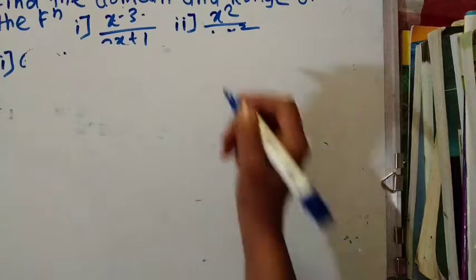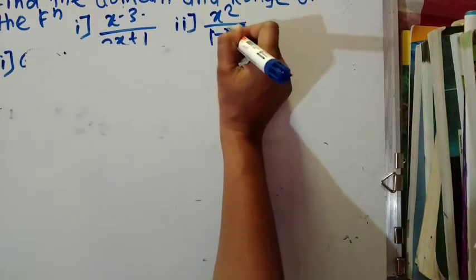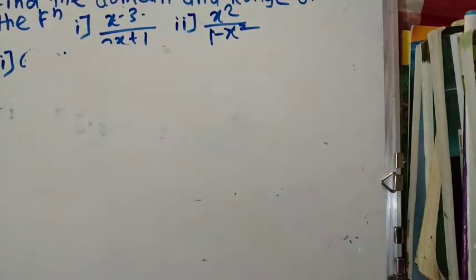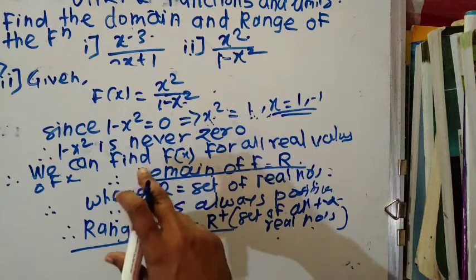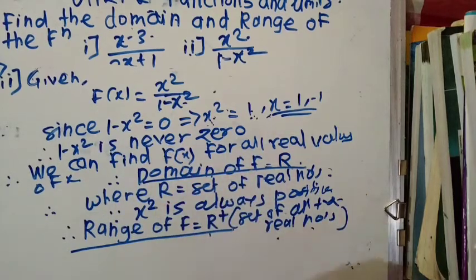Then we solve this second example. So 1 minus x square is never 0.